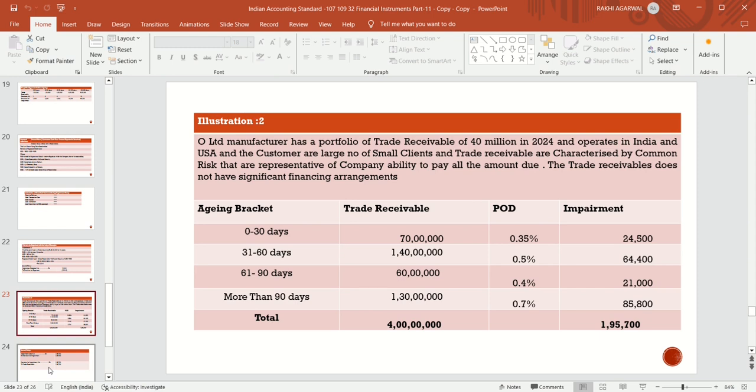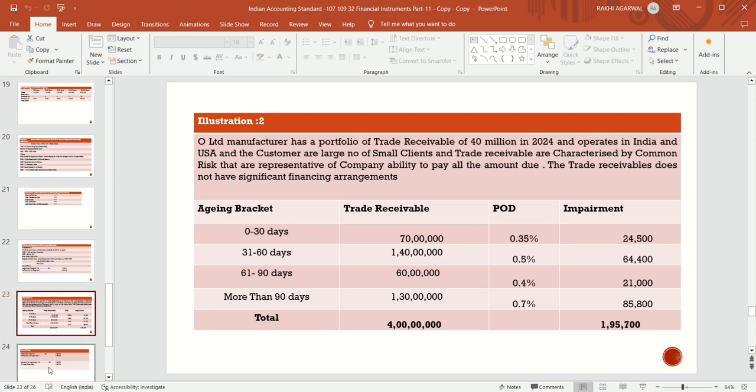In the 61 to 90 days bracket, the trade receivable is 60 lakhs and the probability of default is 0.4%, so the impairment loss is 21,000. For more than 90 days, the trade receivable is 1 crore 30 lakhs, the probability of default is 0.7%, so the impairment loss is 85,800.